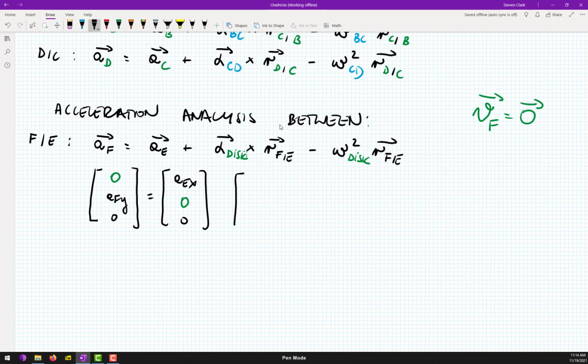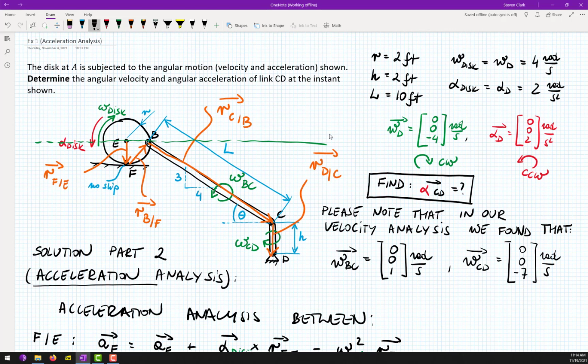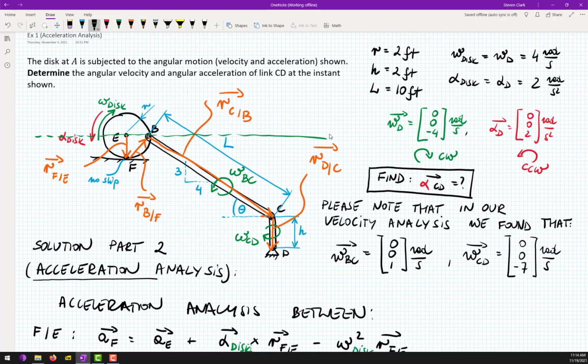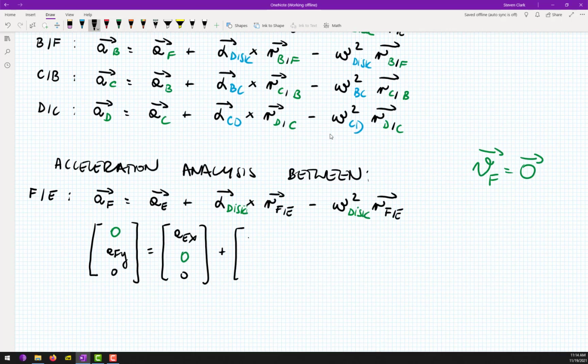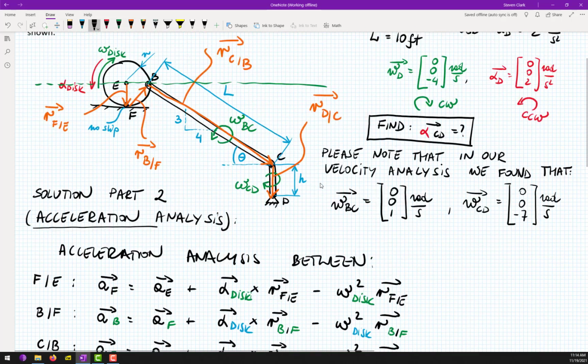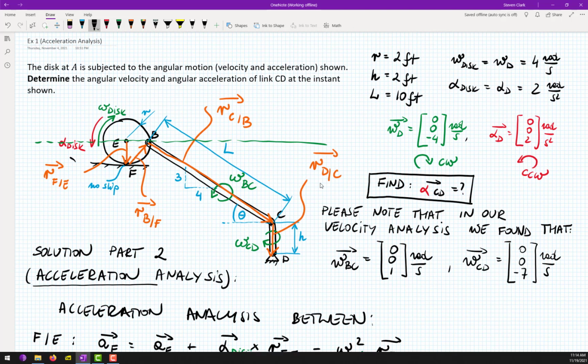Oh, sorry. Plus, what was alpha disk? Let me scroll the board. 0, 0, 2. Okay, and now this guy, RFE. It's here. RFE is here. So its components will be 0, minus R, 0.